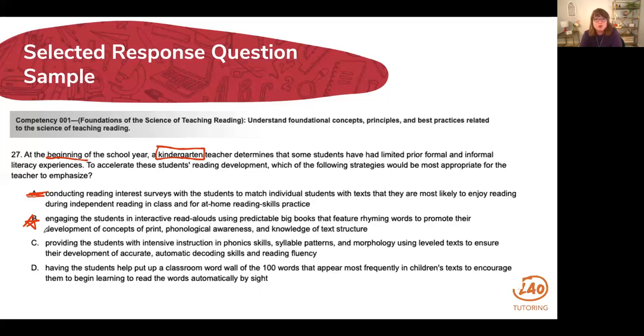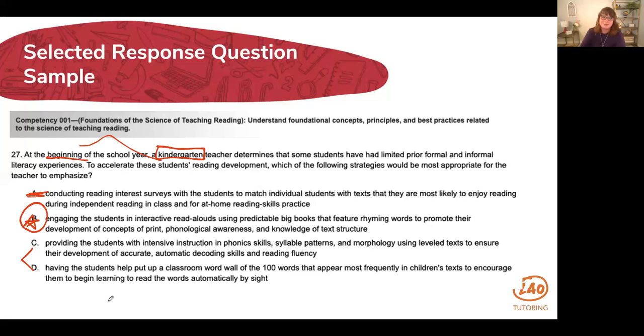But it's too advanced for the kindergarten students at the beginning of the year who have little experience with literacy or the idea of reading in general. So while these are best practice, it does not fit this scenario that we were given up here. It's not the best option. So B in this case is correct.